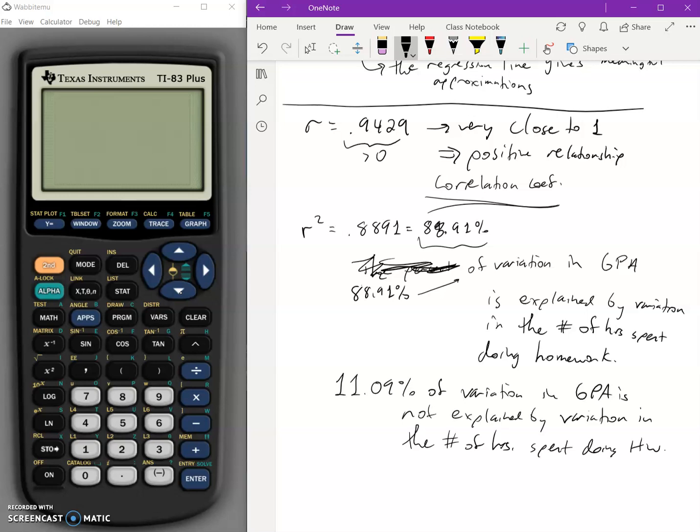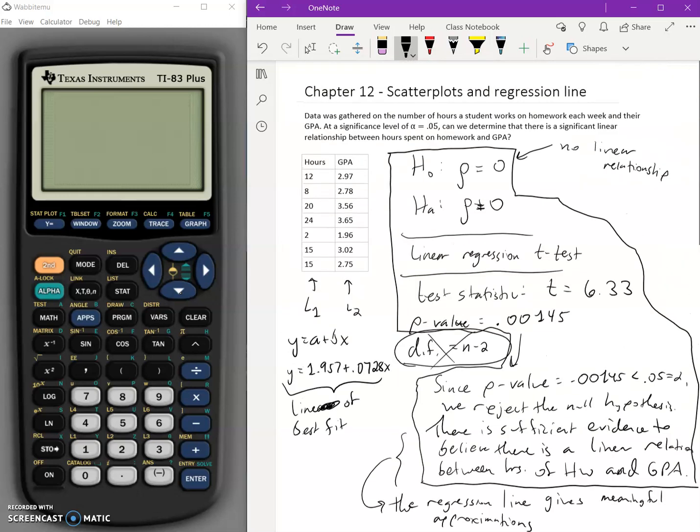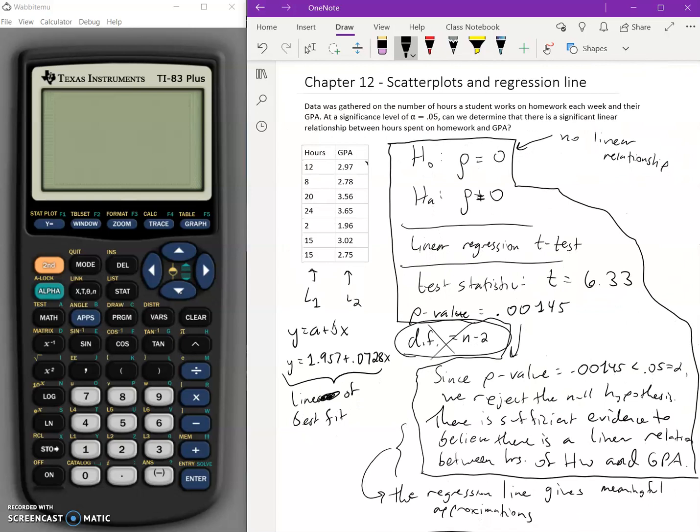We wouldn't expect it to be perfect. Remember, we're asking, why do we have different Y values? Why is it that when I look at this chart, I have numbers like 2.97? Why do I have 1.96? Why do I have 2.56? Why do I have 3.02 or 2.75? Notice in this last case, this might show it perfectly. We do have these two numbers. They both spent the same number of hours on their homework, but yet they have very different GPAs.